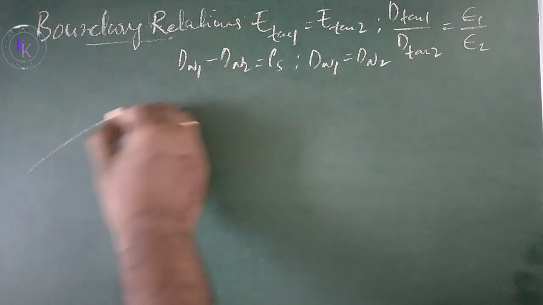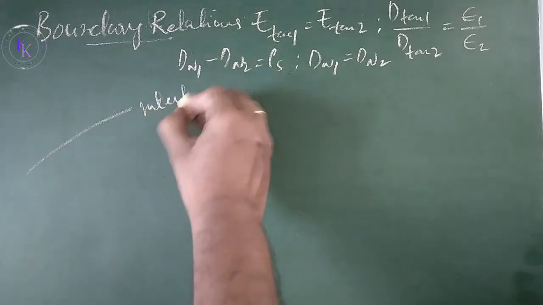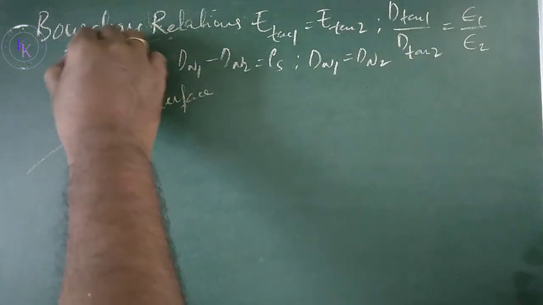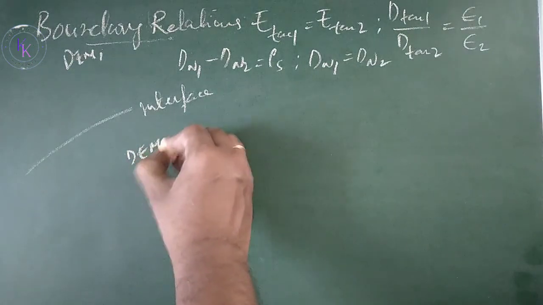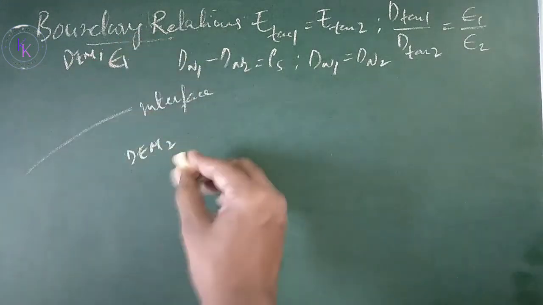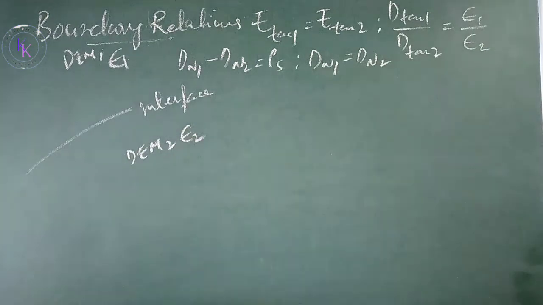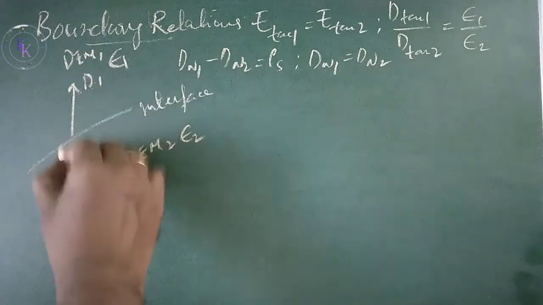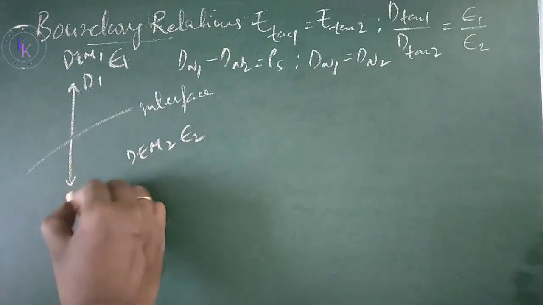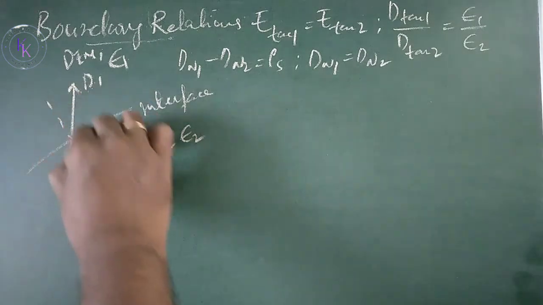Now I am considering an interface where dielectric material 1 is here and dielectric material 2 is here. For this, permittivity is epsilon 1. For this, permittivity is epsilon 2. Then I have D1 and this is D2.